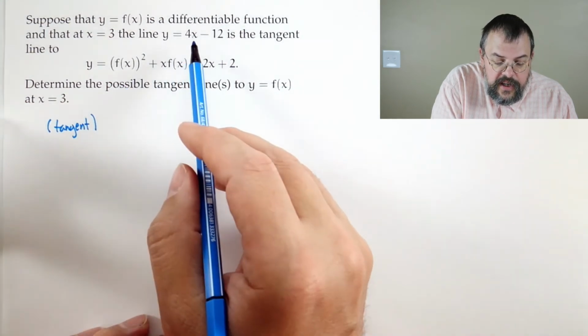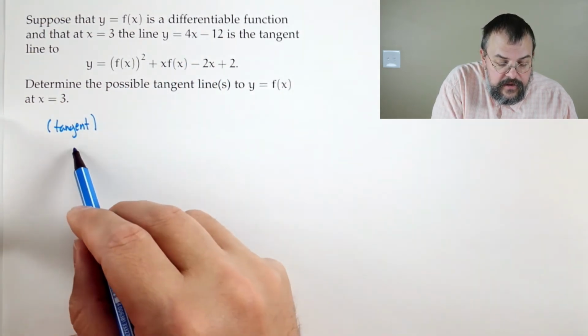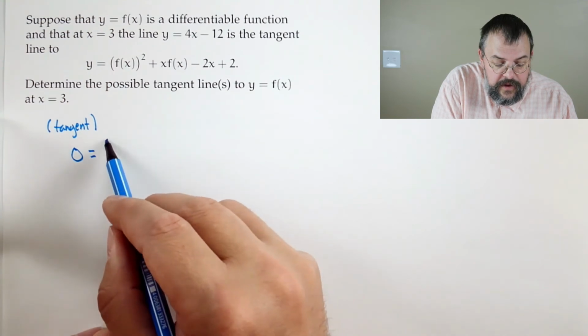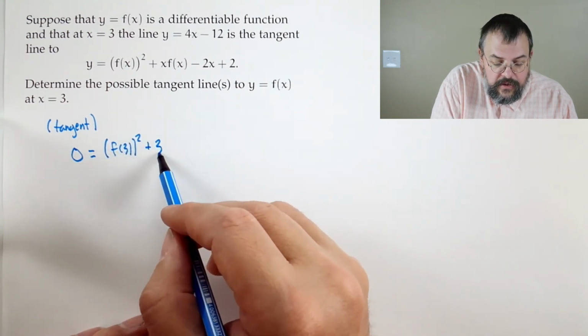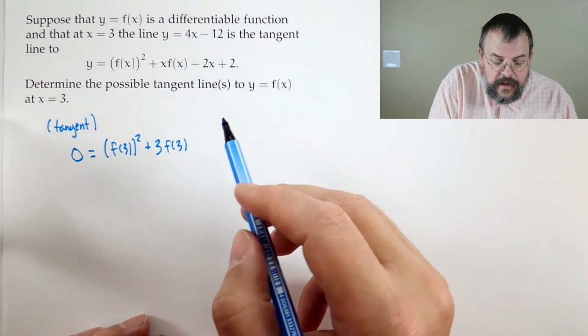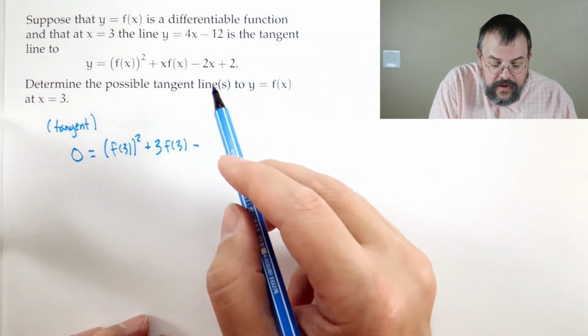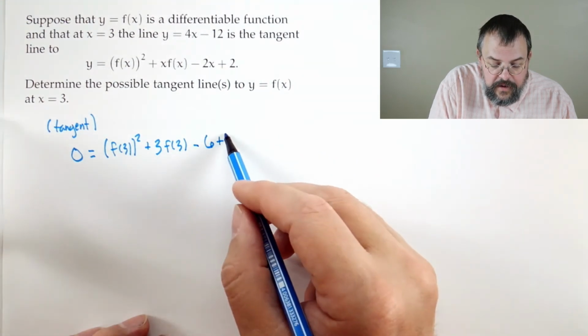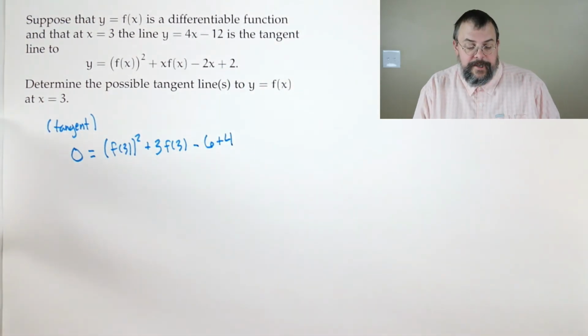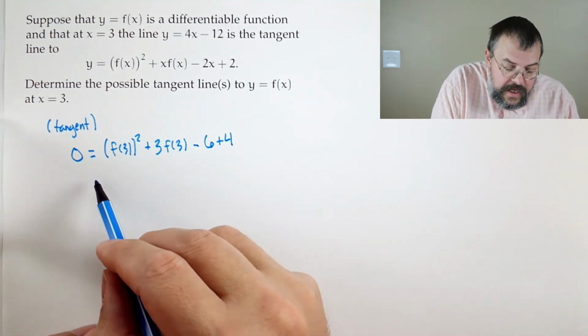So 4 times 3 minus 12 is 0 equals f of 3 squared plus 3f of 3, then minus 2 times 3 is minus 6 plus 2. All right, good. Now, what is that?